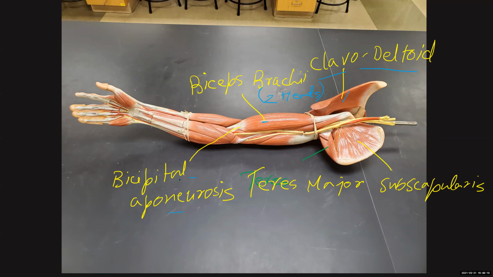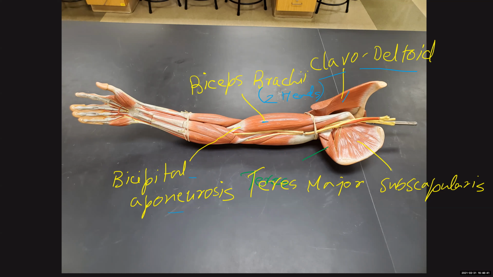So we can call them tract or band, just like lumbodorsal fascia. We got linea alba. Here we got the bicipital aponeurosis. It's like a sheath-like fascial layer. So this is the bicipital aponeurosis. That's biceps brachii.